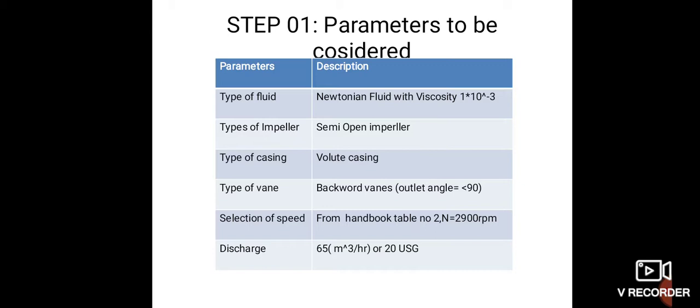So we'll take the Newtonian fluid with viscosity 1 into 10 raised to minus 3. The unit of viscosity is Newton second per meter square, or we can take it as poise. One poise is nothing but 1/10 Newton second per meter square.